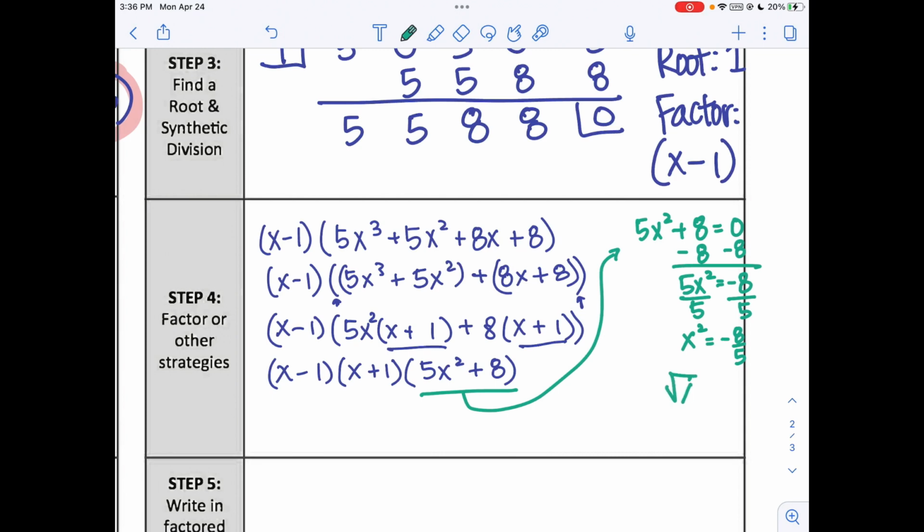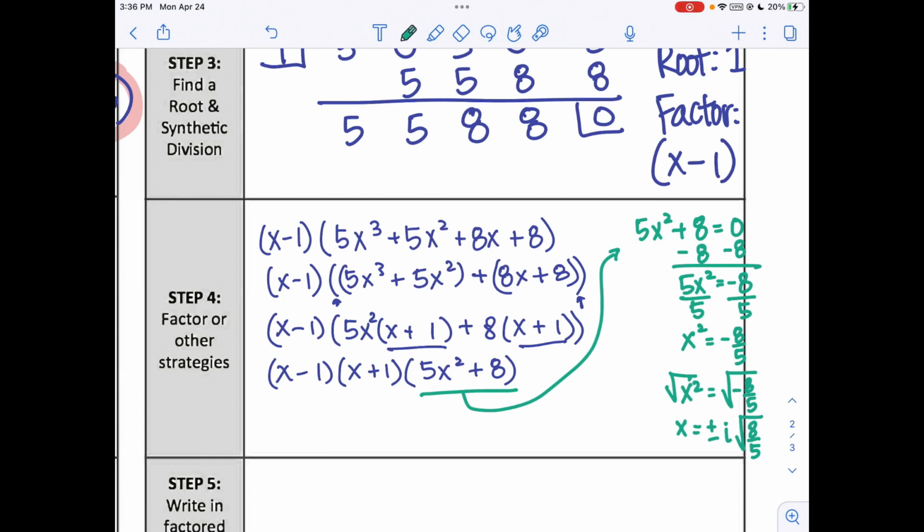So take square root of x squared and take square root of negative 8/5. That negative turns into an imaginary, so I have x equals plus or minus imaginary of 8/5. Now this should be rationalized where there's no more radical for the denominator.